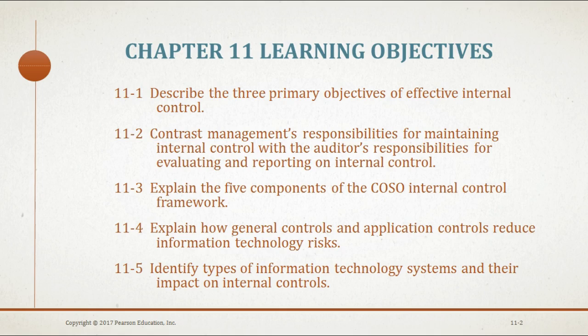Explain the 5 components of the COSO internal control framework. Explain how general controls and application controls reduce information technology risks. And lastly, be able to identify the types of information technology systems and their impact on internal controls.